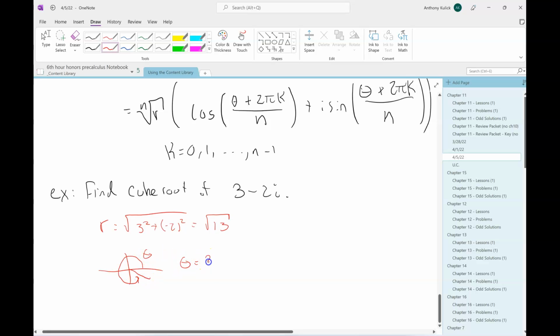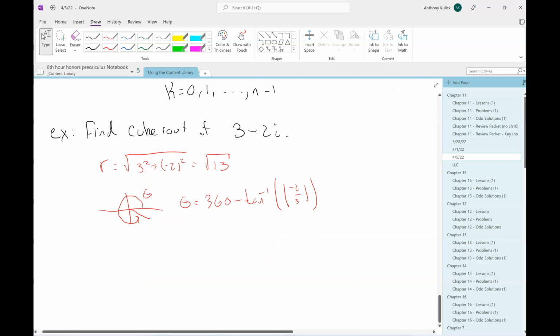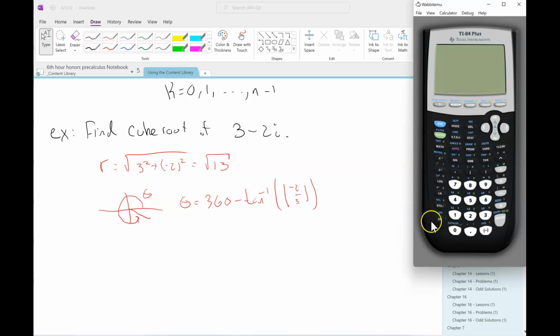So theta is going to equal 360 minus tan inverse of the absolute value of negative 2 over 3. Go to my calculator. I chose to just use degrees rather than radians here. It doesn't really matter. But since my calculator was already in degrees from the previous problem, I just used degrees here. And notice I'm doing the absolute value part in my head. I didn't bother to type that into my calculator. So I got 326.31.